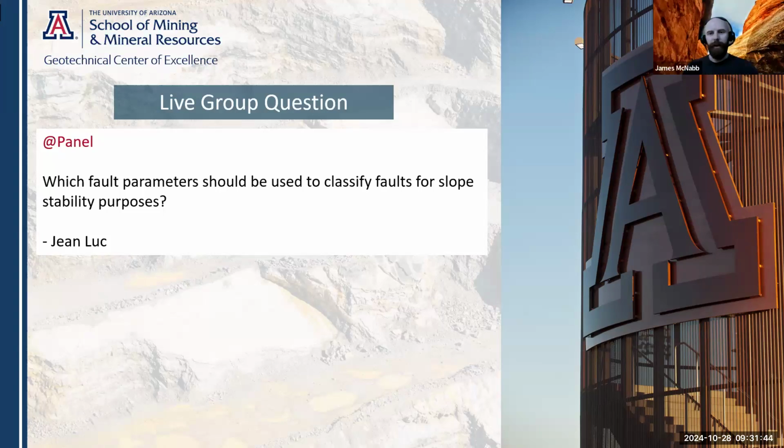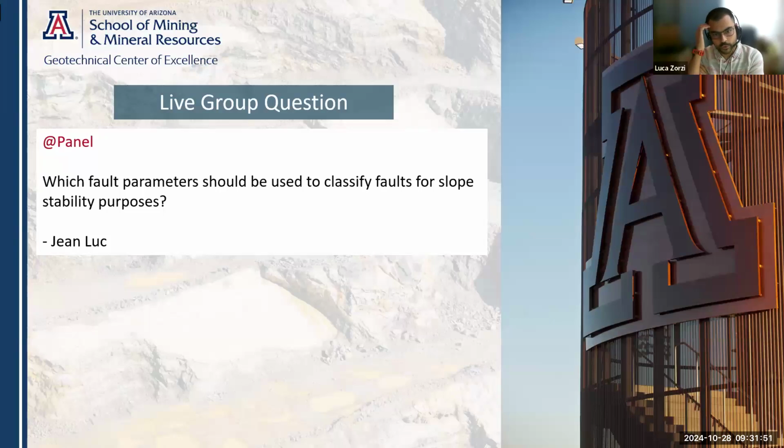Very good. Luca, you got your hand up there? Yeah, it's just to add, the best way that I usually approach this is thinking about what our geotechnical colleagues are collecting when they're doing scanline, for example. A fault is pretty much nothing different than a big long discontinuity. So the parameters that you're collecting or considering for stability analysis for a joint are the same ones that you're applying for a fault. The name changes a little bit. Instead of aperture, we're talking about damage zone or thickness. Infill is the same.